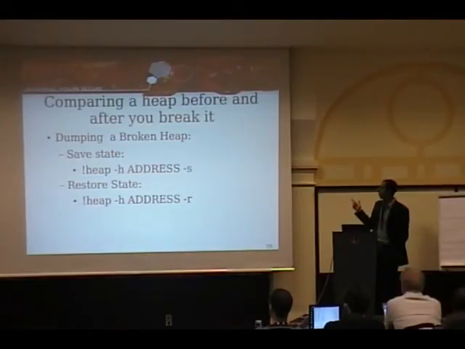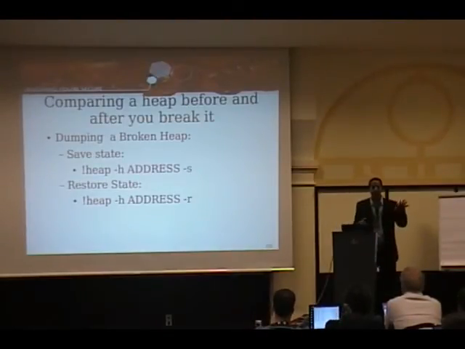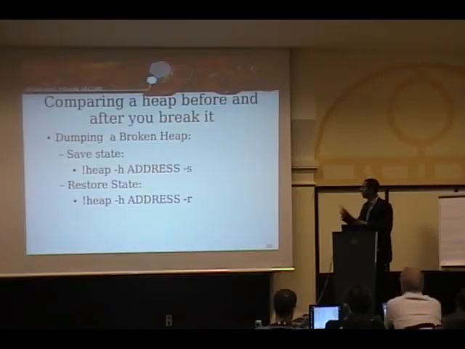One important thing that you're not going to get realistically with a normal debugger that is not vulnerability focused is being able to corrupt the heap and snapshot and restore the heap structures so you can see what happened. So this is a really useful feature if you're doing some of the more complex heap overflows.